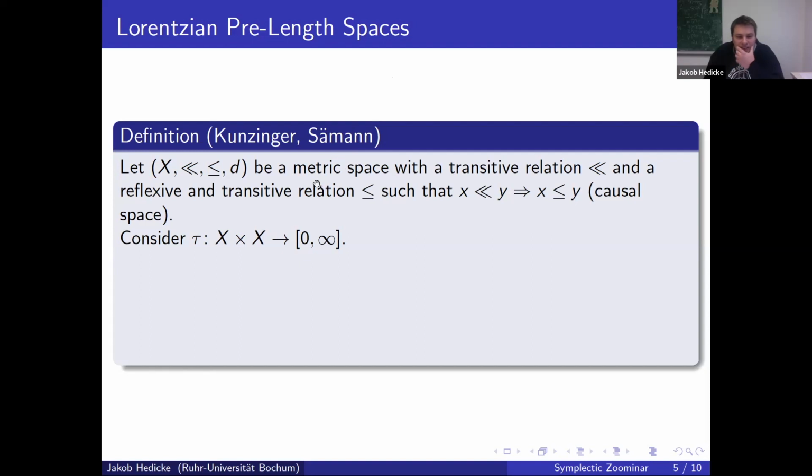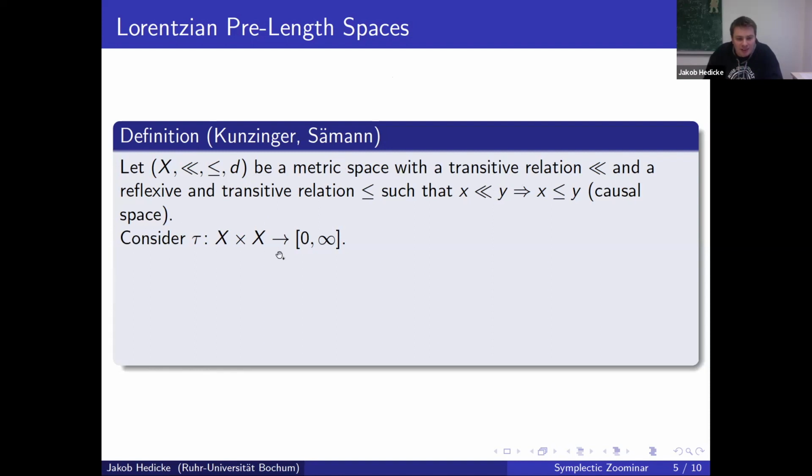It's basically a metric space with two relations. One of them is assumed to be transitive and the other one reflexive, and the first relation, the smaller relation, should be contained in the second one. This is sometimes called a causal space.